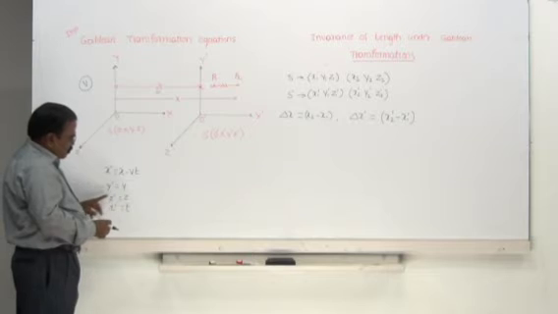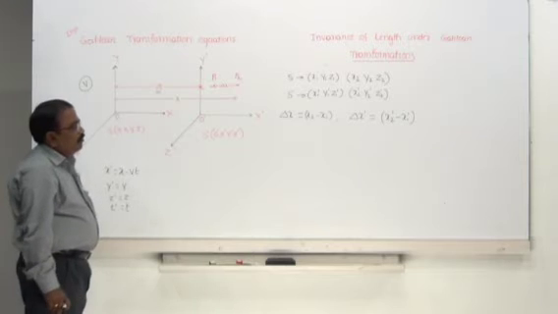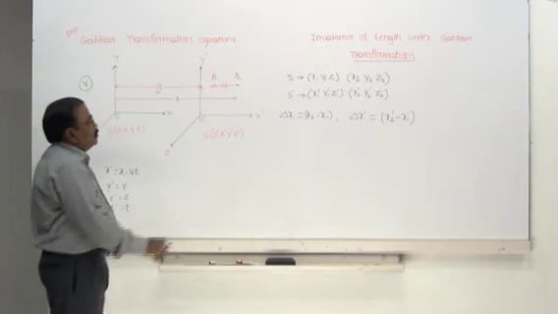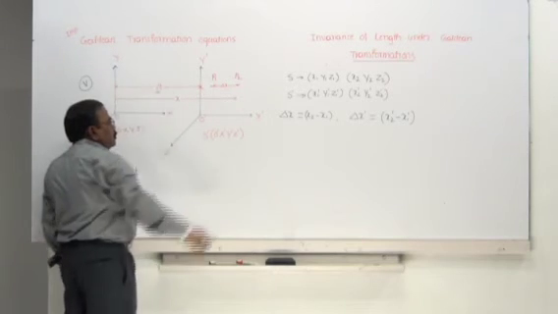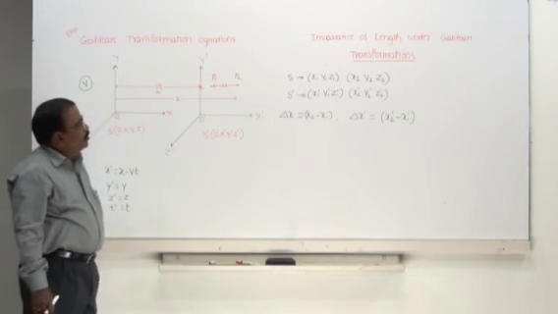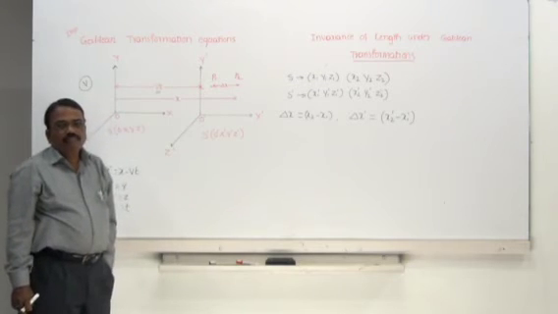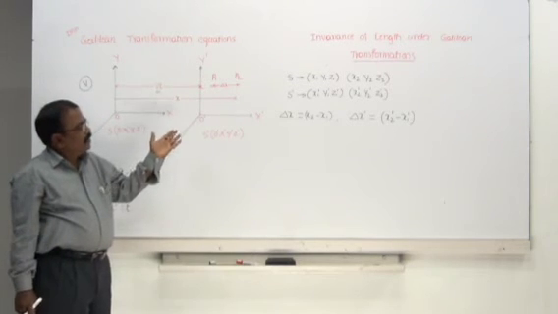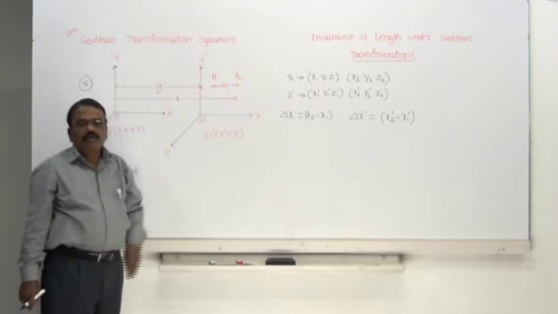Y dash is equal to y, z dash is equal to z, and t dash is equal to t. Now you write these Galilean transformation equations for an event P1 first, and after that these Galilean transformation equations for P2.